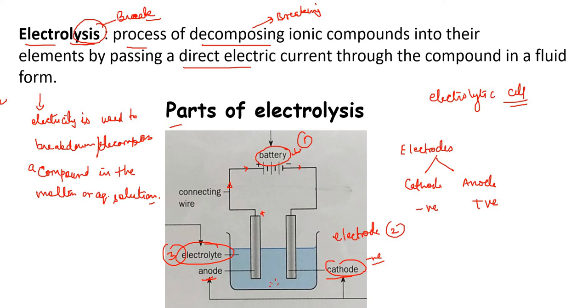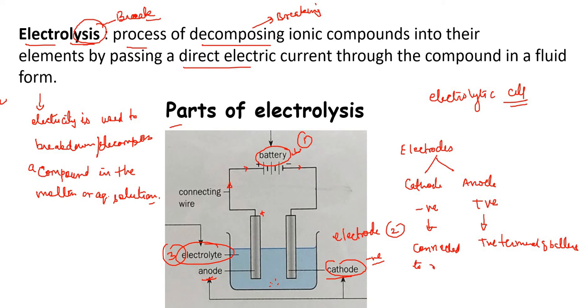The anode is connected to the positive terminal of the battery. The negative electrode, the cathode, is connected to the negative terminal of the battery.